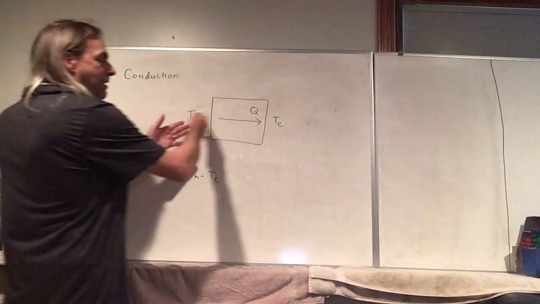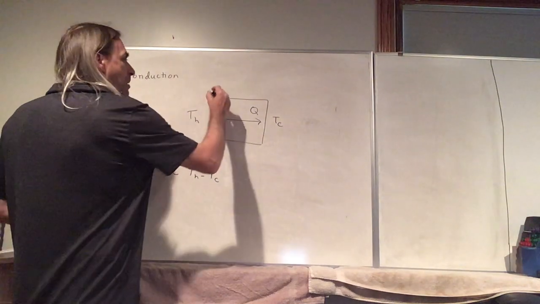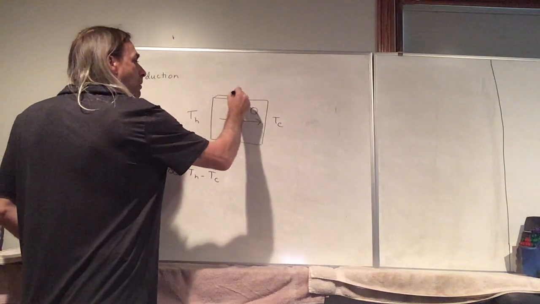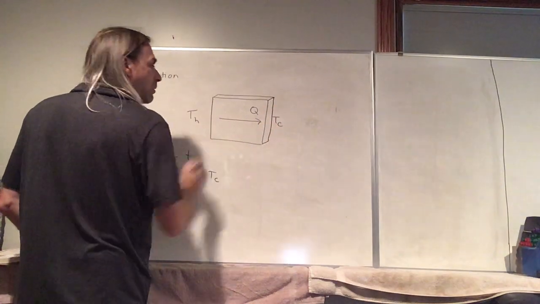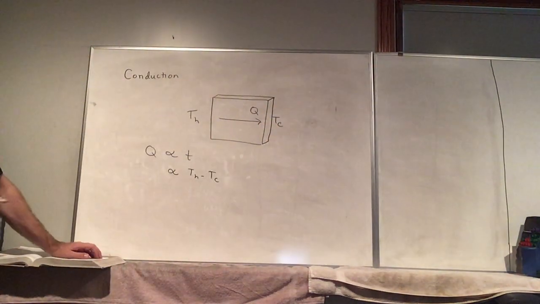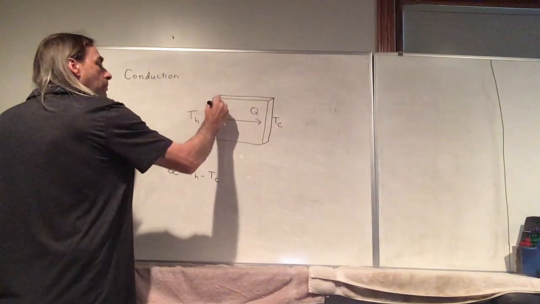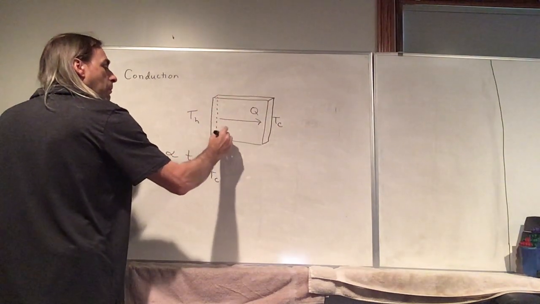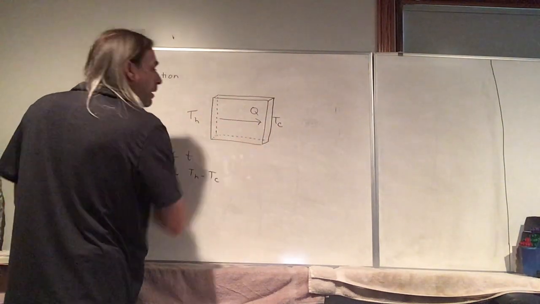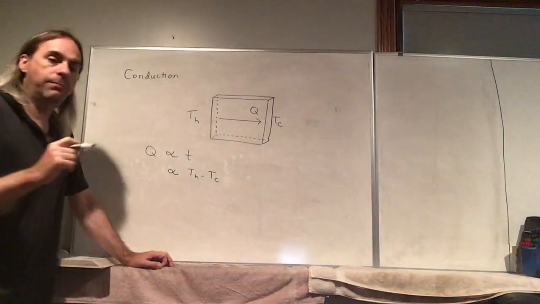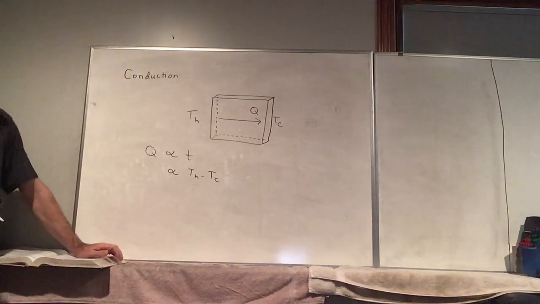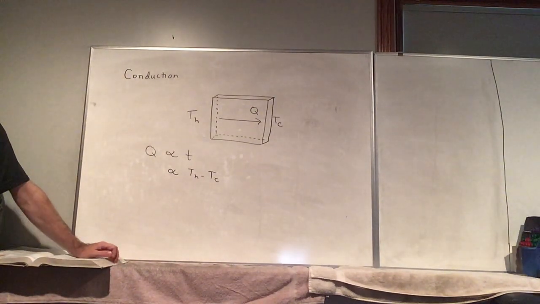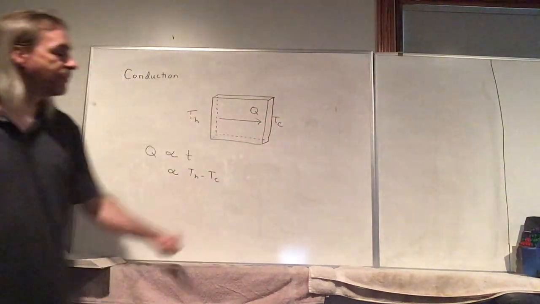Let's say that this is a three-dimensional object. Let me make it look a little more three-dimensional. Now the heat is flowing strictly from hot to cold, and we have a nice rectangular object going in a straight line.